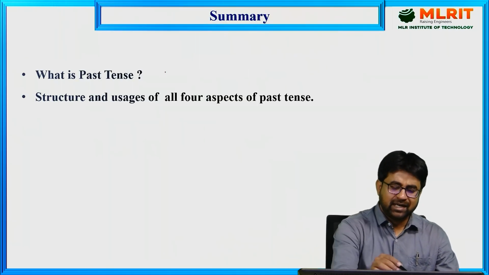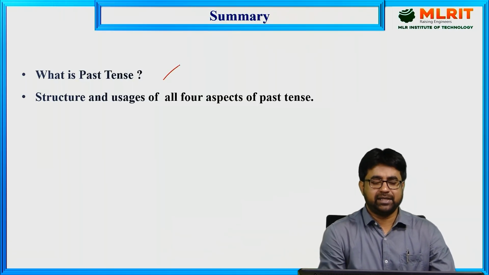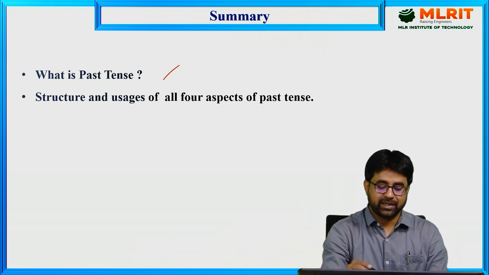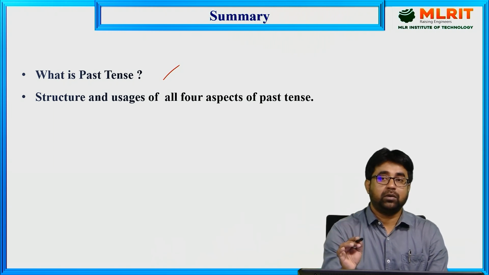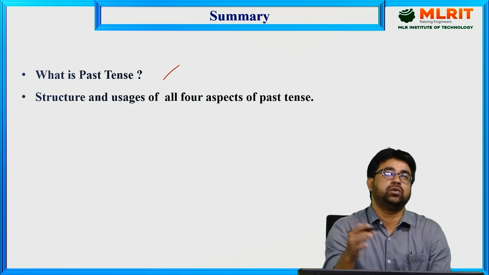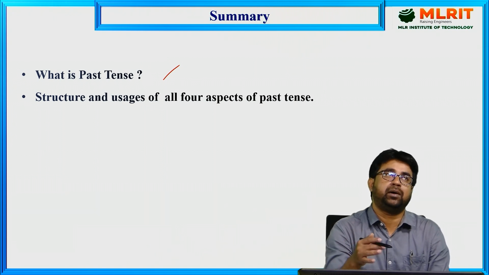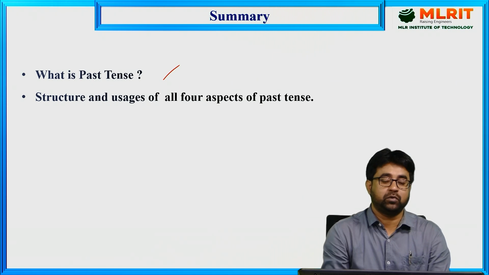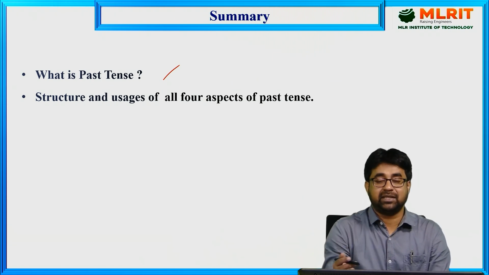So let's see the takeaway point of today's lecture. We got to know about 4 different aspects of past tense. We got to know about the structure of each of those aspects, right? How to form sentences in those tenses. For example, how to form a sentence in simple past tense, how to form a sentence in past continuous tense, like that.